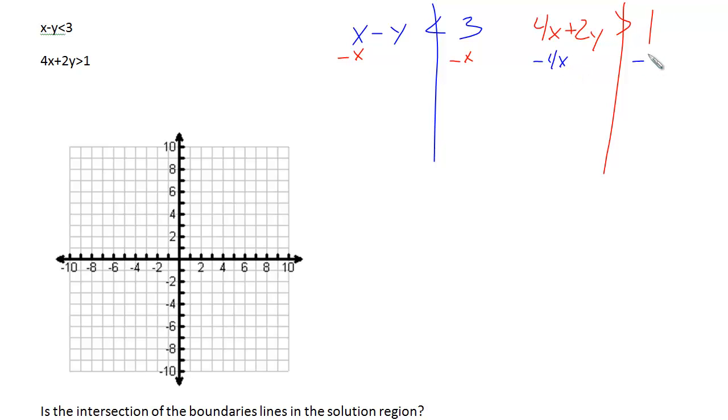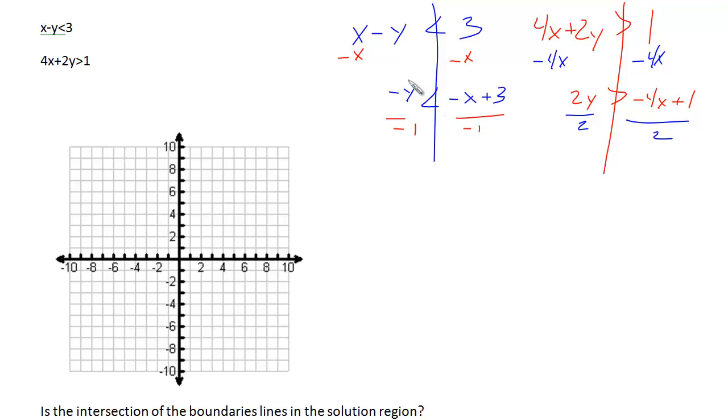Subtract 4x's here. Again, I'm just trying to get them in slope-intercept form. And I'll rewrite. So this is 2y greater than negative 4x plus 1. And this one is negative y less than negative x plus 3. And now in order to change these, I'm going to divide this one by 2. Divide this one by negative 1.